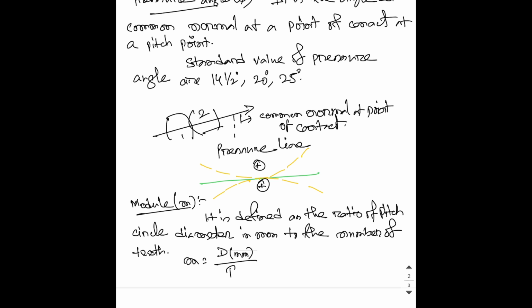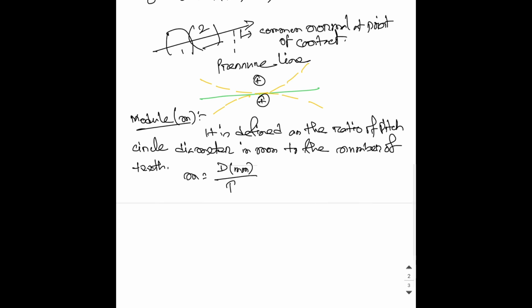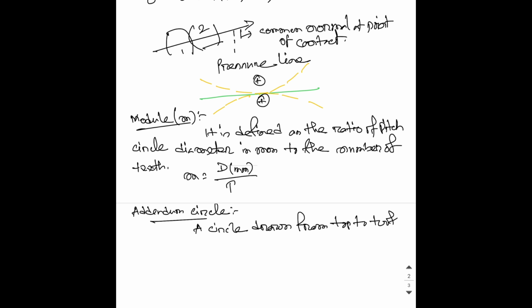Next is addendum circle. A circle drawn from the top of the tooth and concentric to the pitch circle is known as the addendum circle.